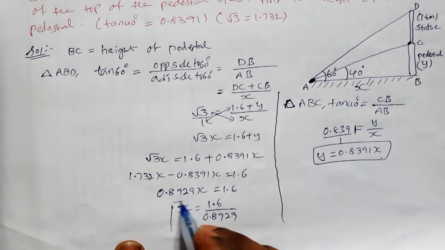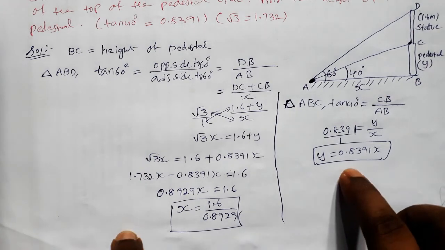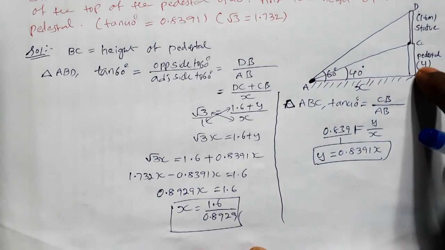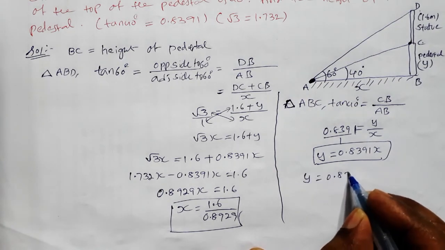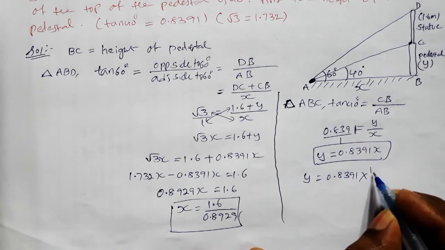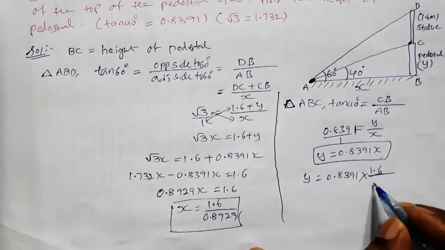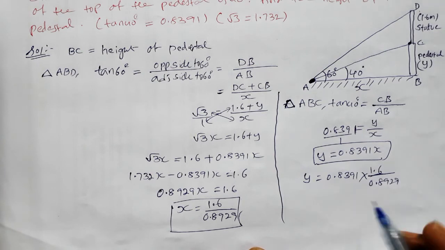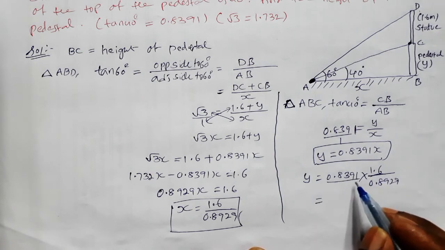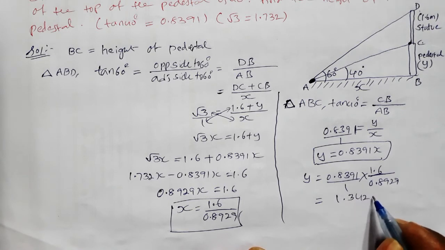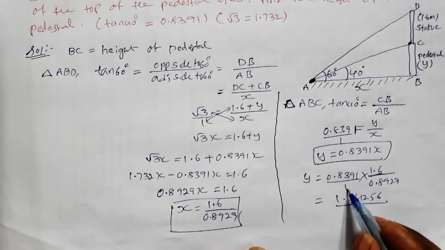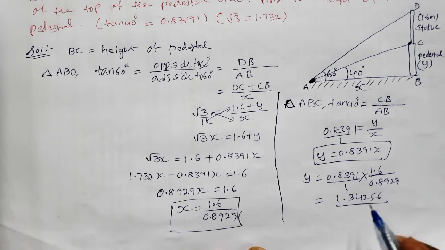Now this x answer we substitute here, and you will get the height of the pedestal, the y answer. So y equals 0.8391 into 1.6 divided by 0.8929. Multiplying numerators, you will get 1.34256, divided by the denominator 0.8929.